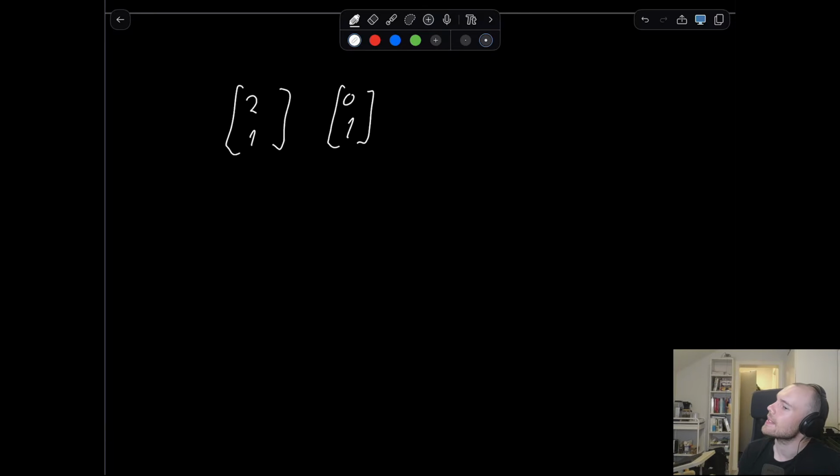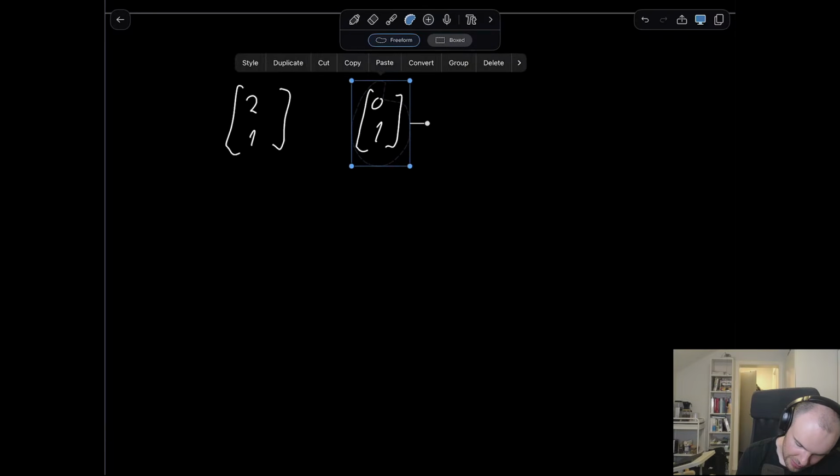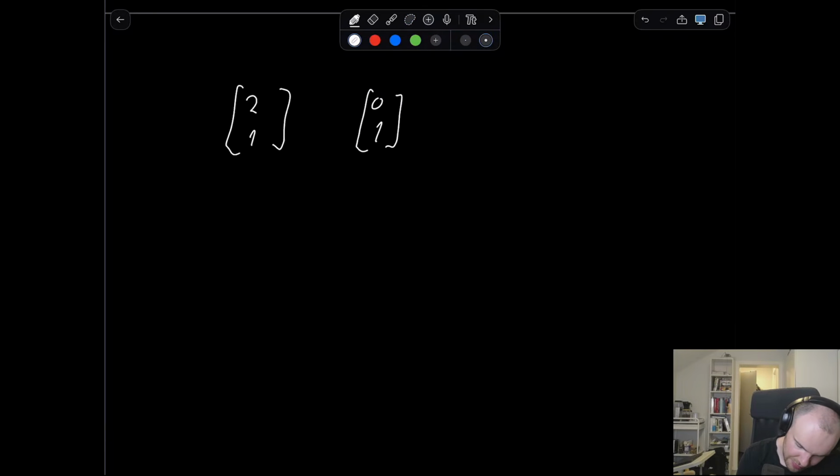If I have 2, 1 and 0, 1 as my two basis vectors, and I had 3 and then 4, I would say that my coordinates are 3 and 4.